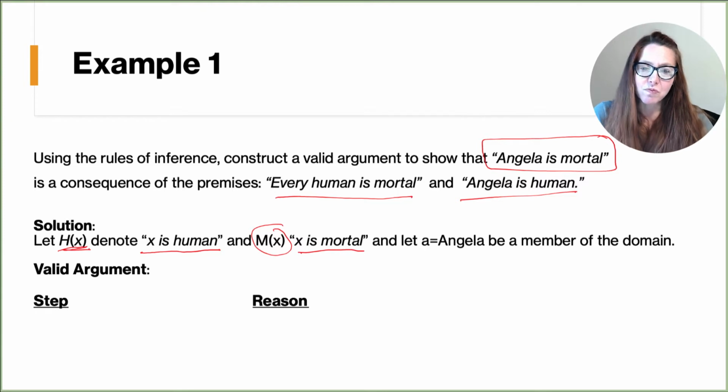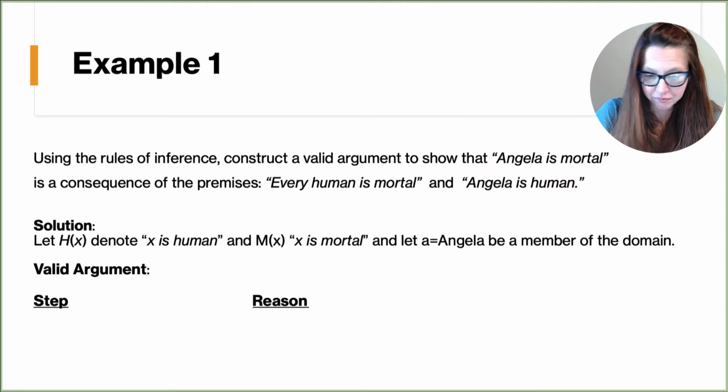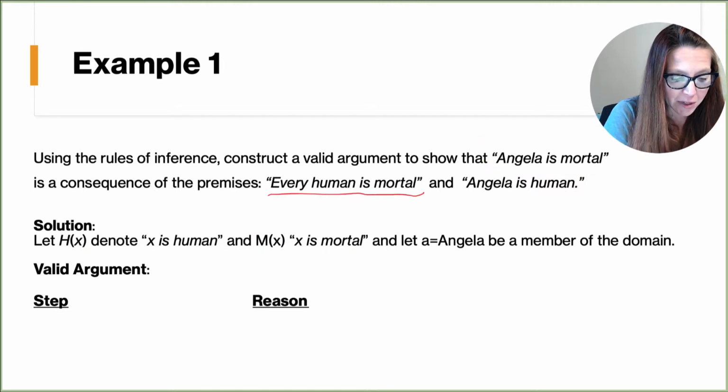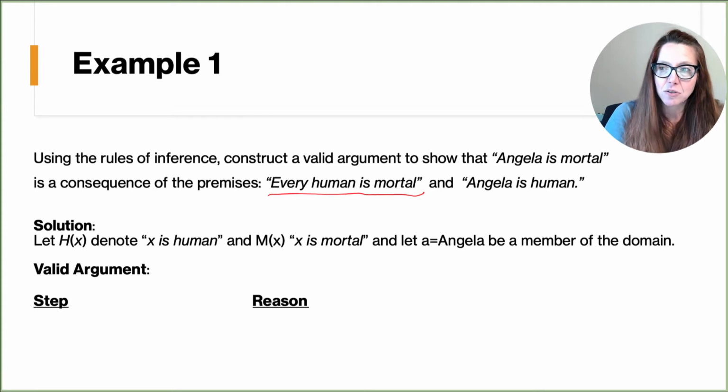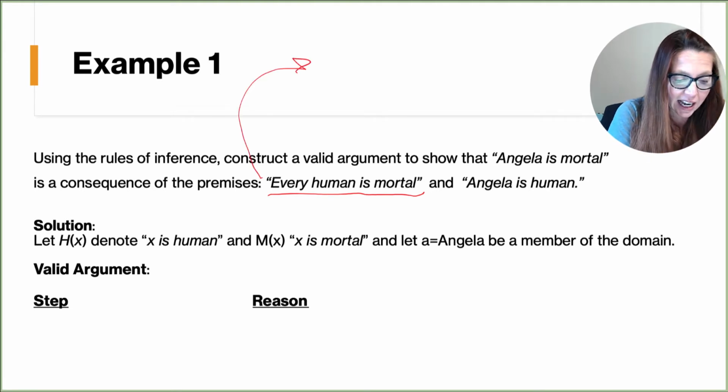And so what we want to do is find that we can move from one step to the next. So first we have to figure out, what do our premises say? Well, the first premise, every human is mortal, because we now have this notation, we can write this out.